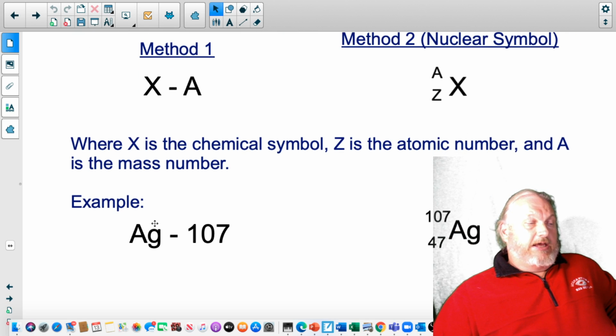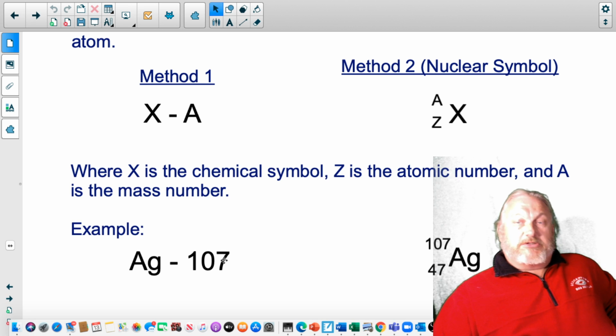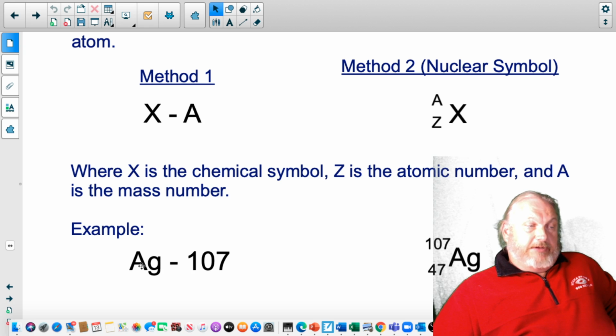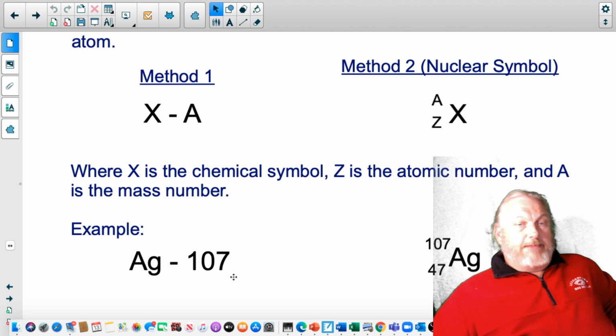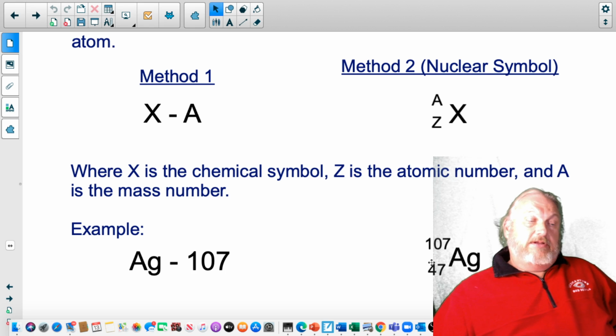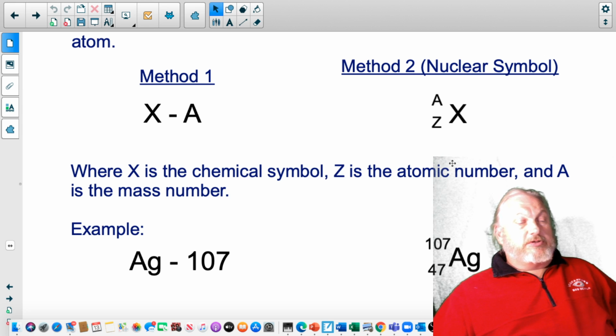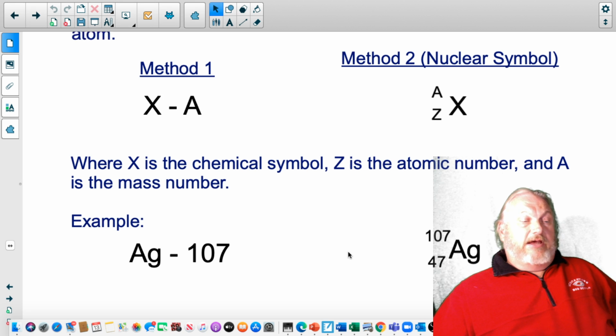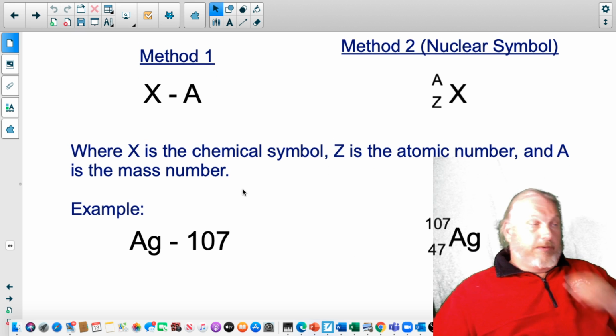When we say silver-107, that means that atom is silver, and whatever the atomic number for silver is, that's the number of protons. 107 is the mass number of that particular atom in our sample. 47 is the atomic number for silver. So if we were going to write it like this, we'd have the mass number on top, the symbol Ag, and the Z number, the atomic number, on bottom.